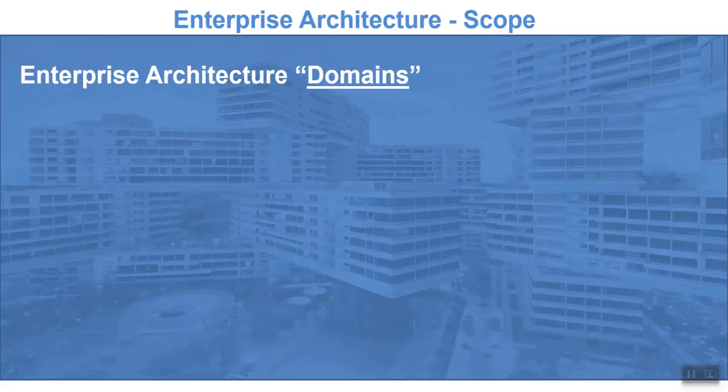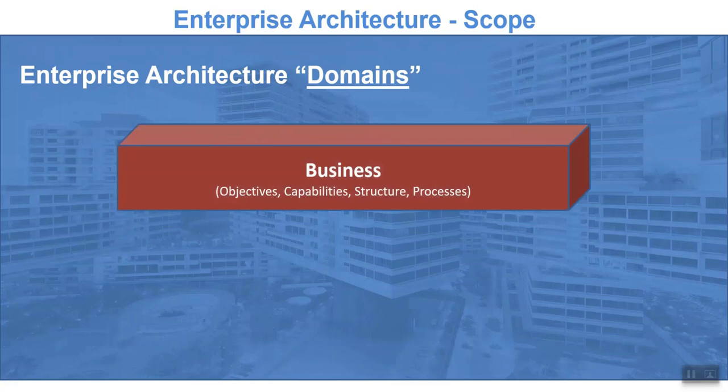Putting in mind that our main objective is to align IT to business, we need to understand which domains we should focus on while defining an enterprise architecture. According to the approach defined by TOGAF, we should start defining the architecture at the business level. This means defining business objectives, capabilities, structure, and processes. In most of the cases, we need to understand how the business is operating now and how it should be operating in the future.